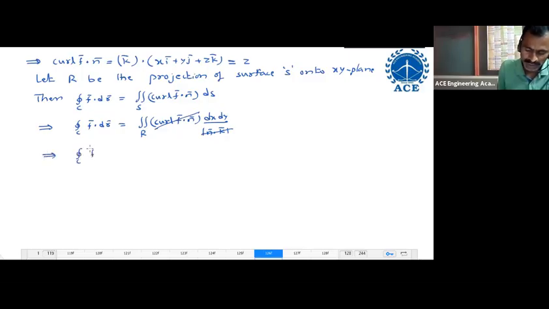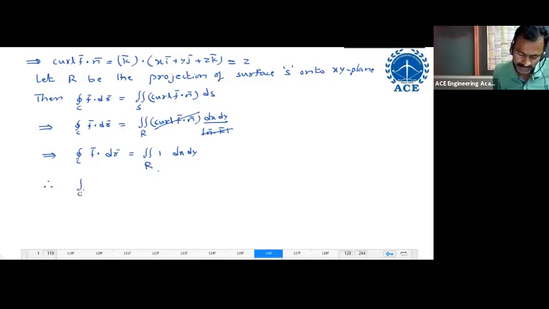integral over C f bar dot dr bar equal to double integral over R of 1 dx dy. Inside the double integral the function is 1. Without evaluating the integral, we write the value of this integral using the area of this given plane region. This double integral is for a closed circle only. The area of the circle is given by pi r square.